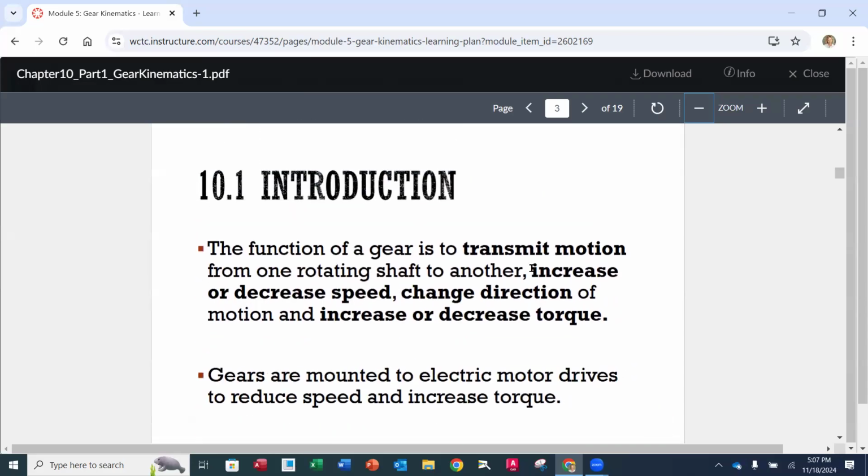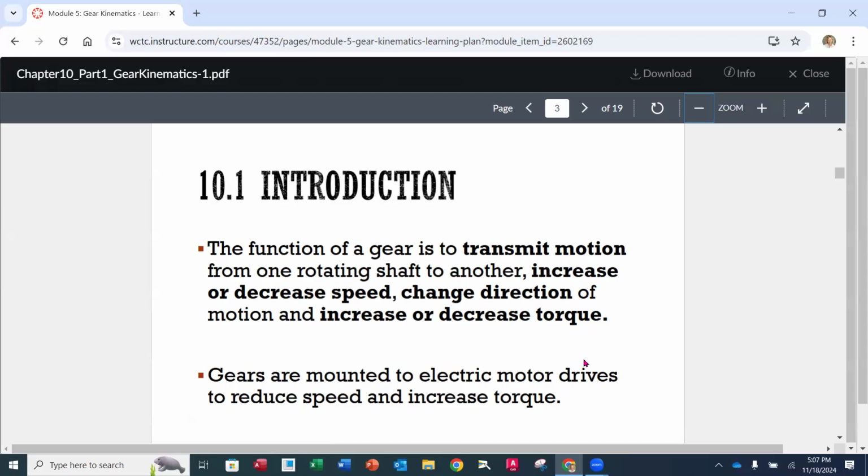Now, as we look at gears, the function of a gear is to transmit rotational motion from one rotating shaft to another. This can happen as an increase, a decrease, or stay the same.